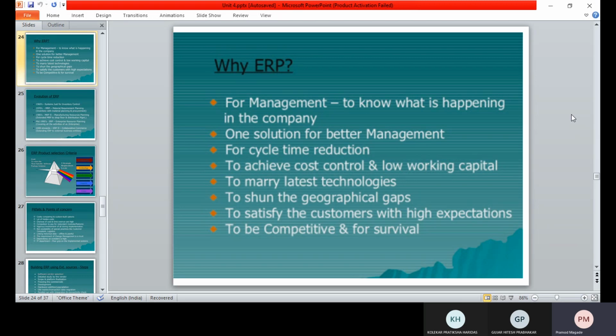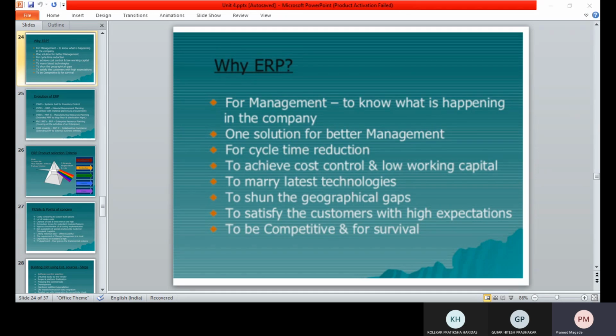Then to achieve cost control and low working capital, that is also important. And to marry the latest technology, means cope up with the latest technology easily. And to shun the geographical gaps, it means the availability of the material, or where we are going to sell the material, from end customer to end user, that we can define very easily.